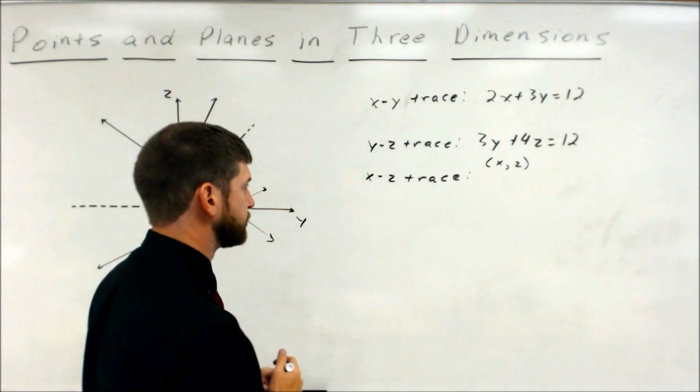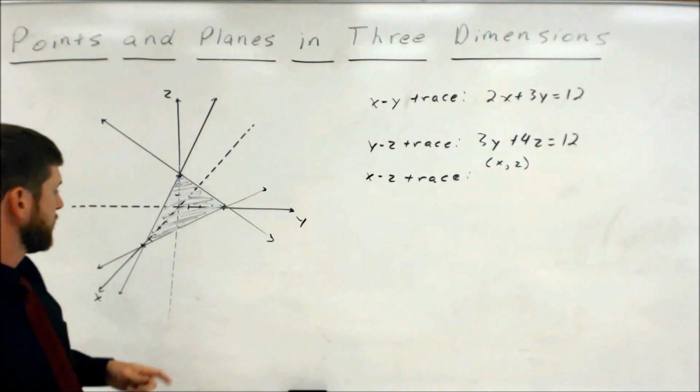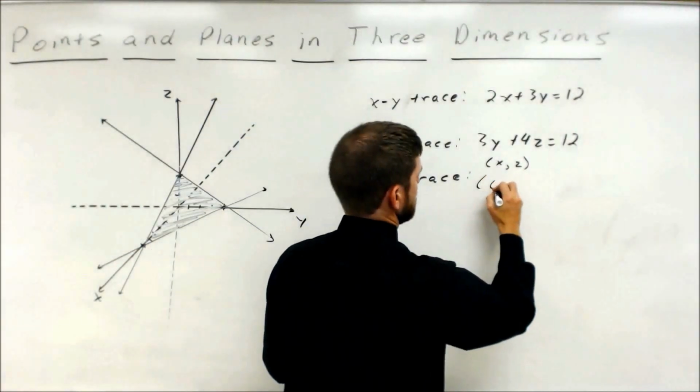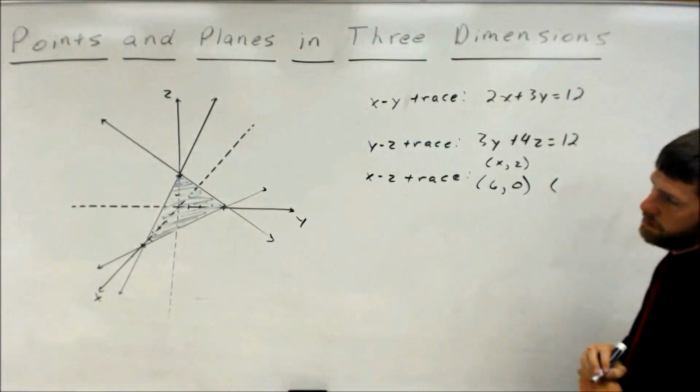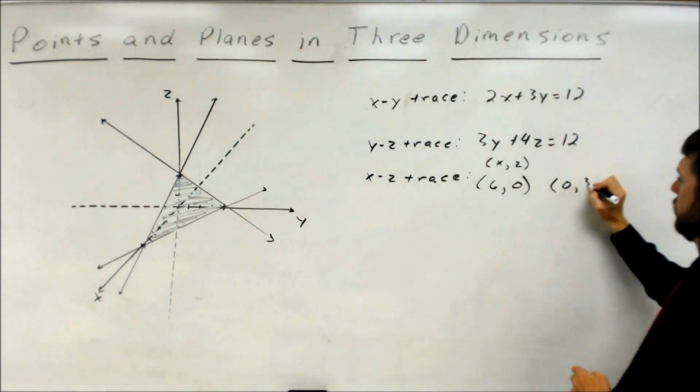But I'm going to use xz format. So 6 comma 0. The z is going to be 0 comma 3.